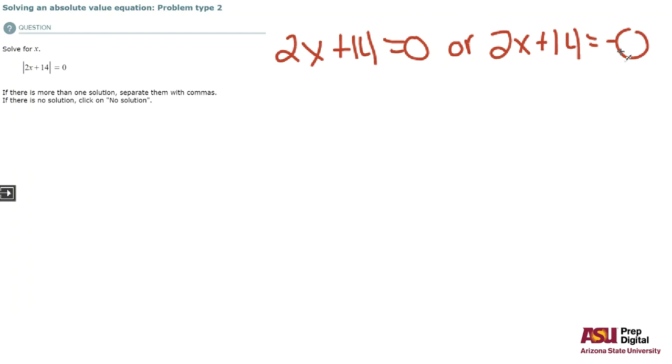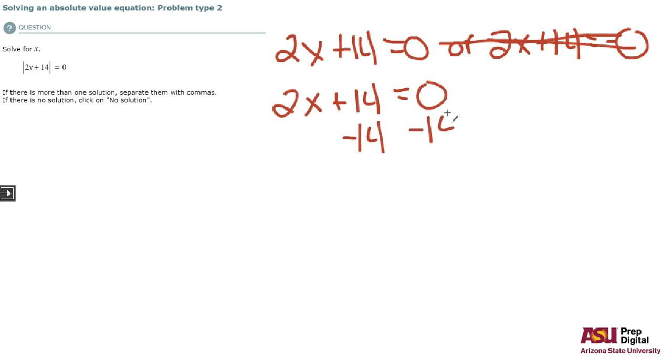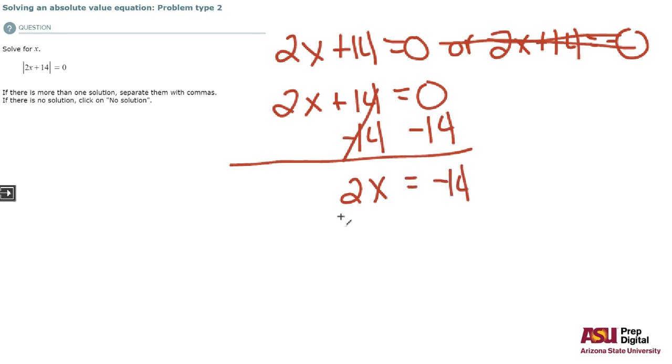Again, since negative 0 is not different from 0, we don't have to worry about this one. So we get 2x plus 14 is equal to 0. Subtract 14 from both sides, and we have 2x is equal to negative 14. Lastly, I'm going to divide by 2, and x is equal to negative 7.